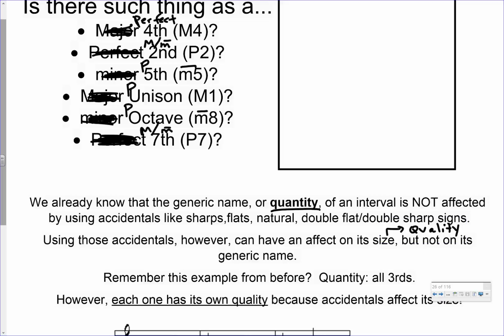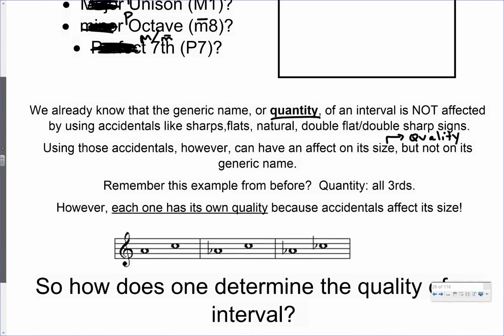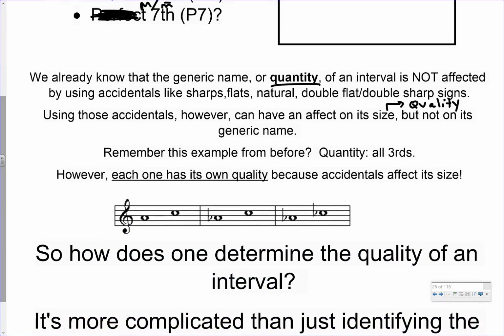Remember this example from before? This quantity is all thirds. However, each one has its own quality because accidentals affect its size. So perhaps one of them is a minor third. Perhaps one of them is a major third.